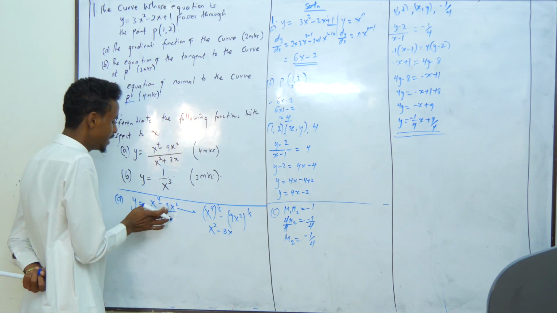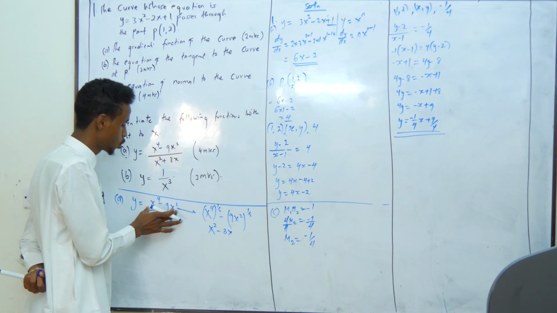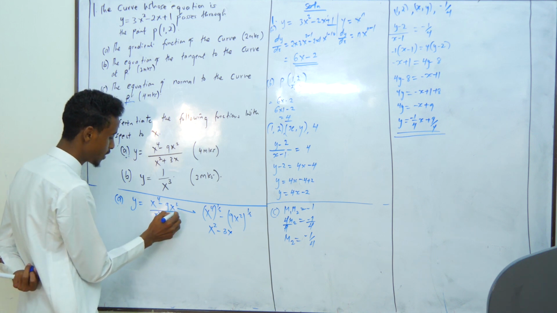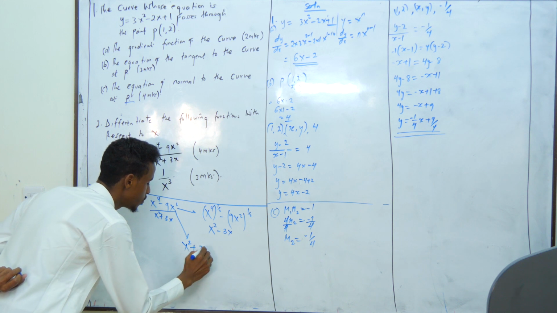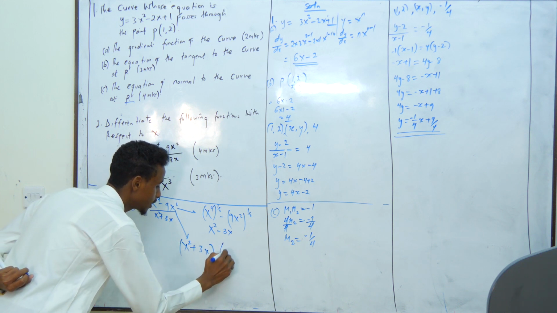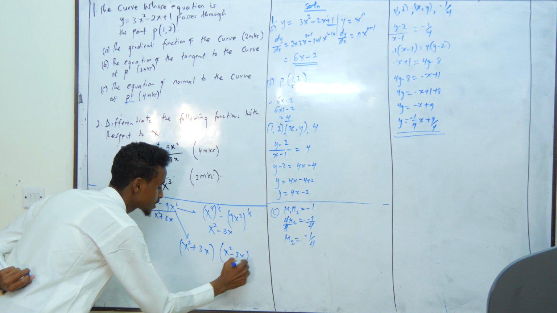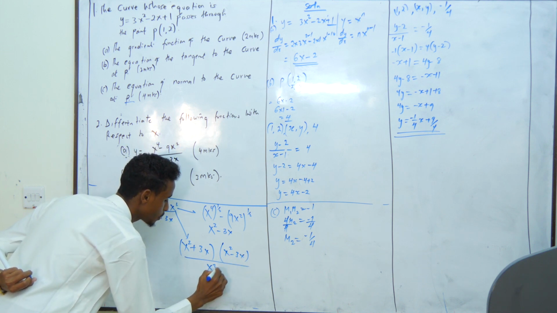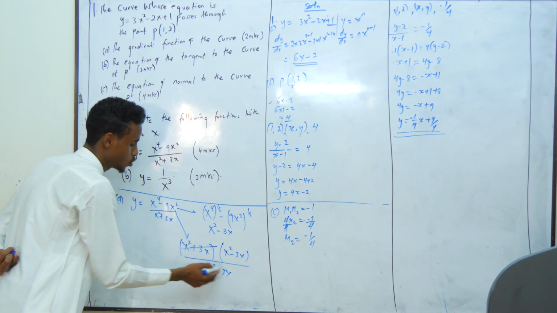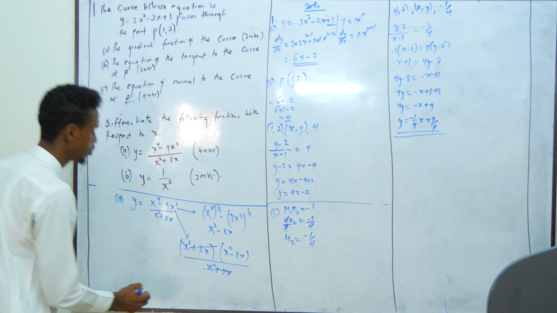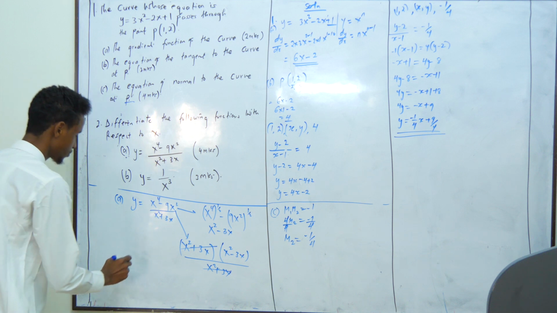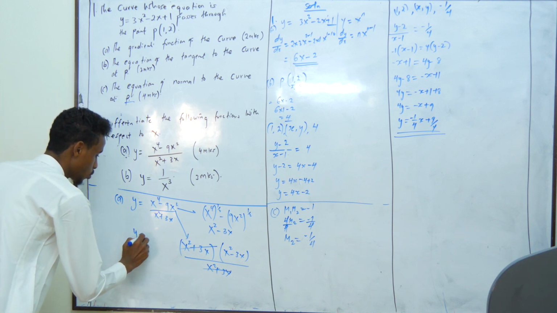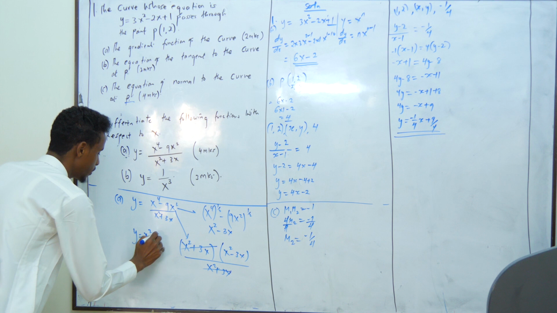Now we know that this is the difference of two squares. Therefore this becomes x squared plus 3x into bracket x squared minus 3x, over x squared plus 3x. This is going to cancel with that. We're going to have y equals x squared minus 3x.